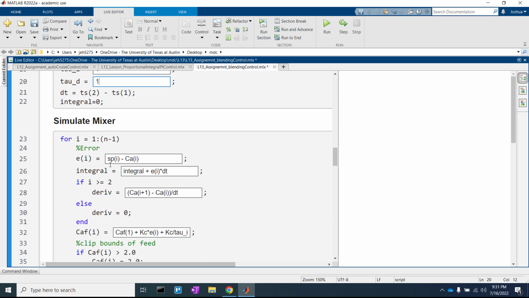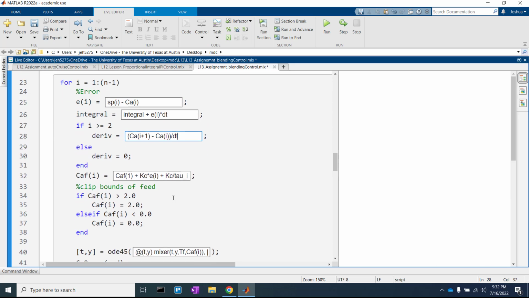So let's go ahead. Our error is going to be our set point minus the concentration at any point in time. Our integral is going to be the integral at the previous point, plus the error times the differential time. Our derivative is just going to be the difference between the last two values divided by time.